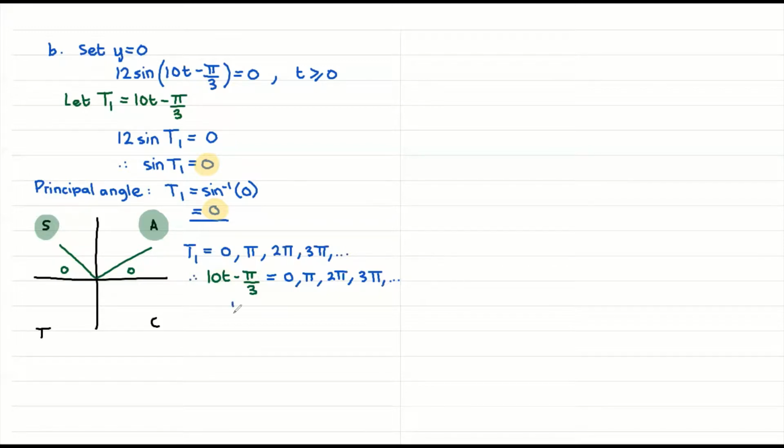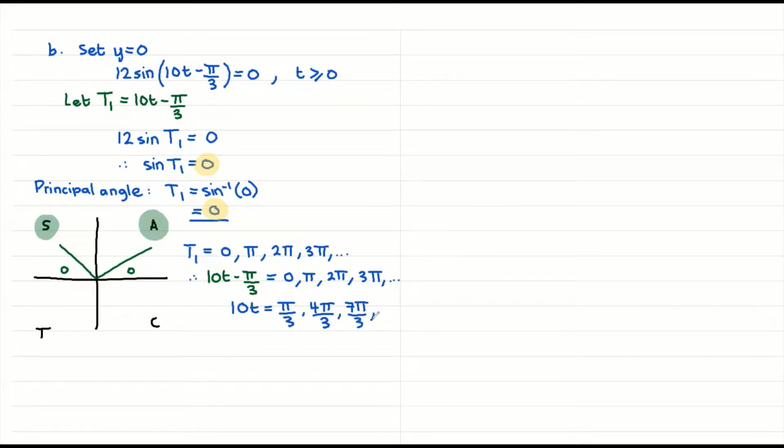So let's do it in stages. So 10t would be pi over 3, and add pi over 3 to pi. So that's going to be 4 pi over 3. Okay, and then add pi over 3 to 2 pi. It's going to be 7 pi over 3. 2 pi would be 6 pi over 3. And you can see the pattern here.